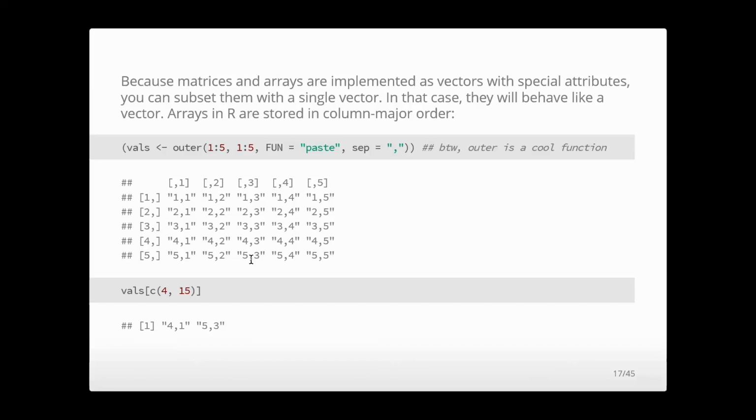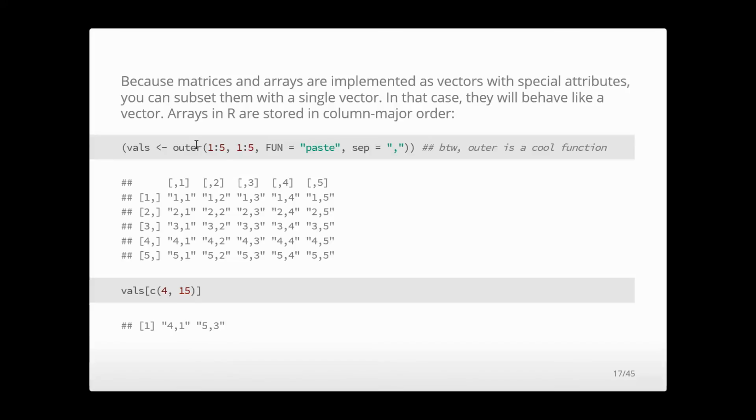I don't have to say give me the fourth row first column and then the fifth row third column. If I treat this as one long vector of 25 things in it, I can say I just want the fourth element and the 15th element. And so we can get it back this way.